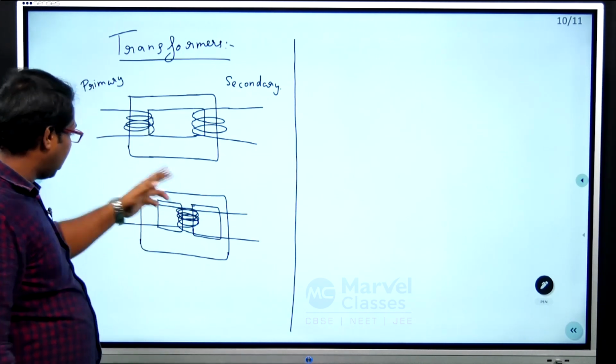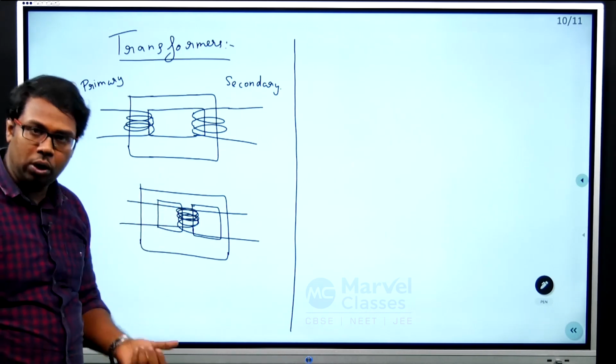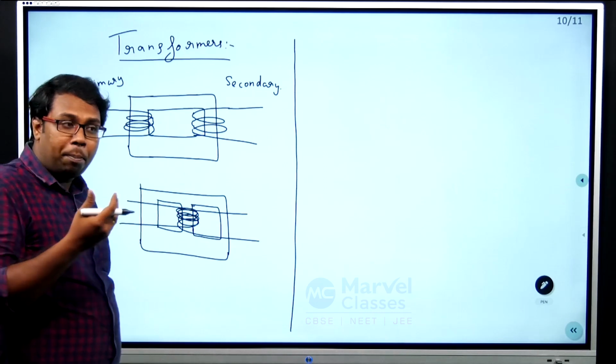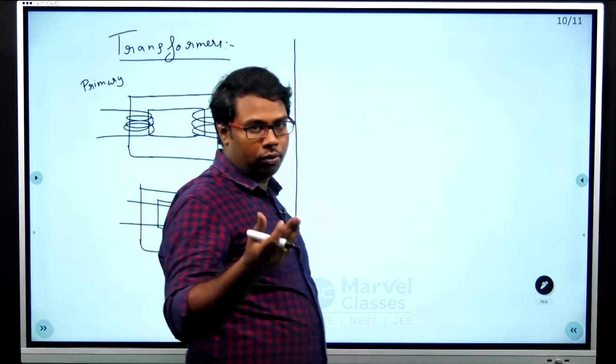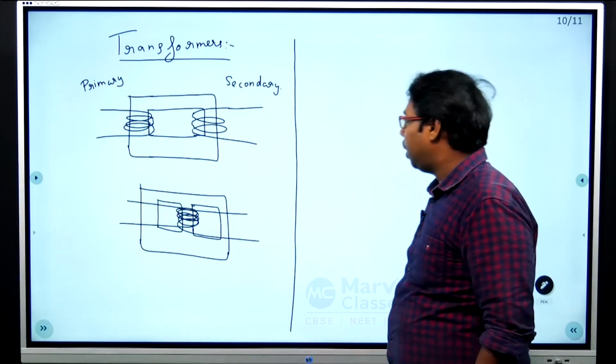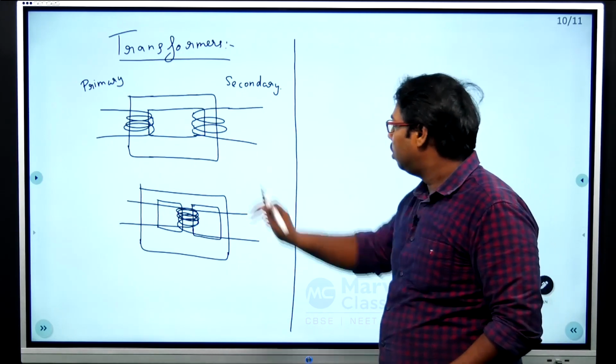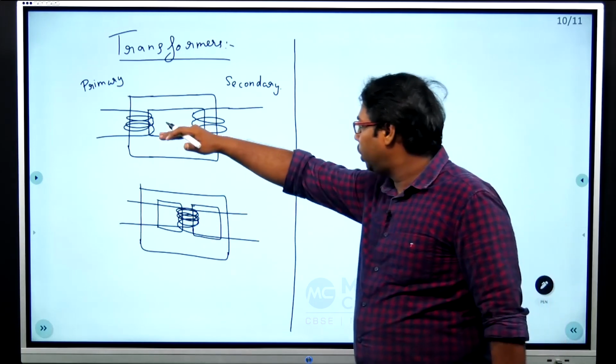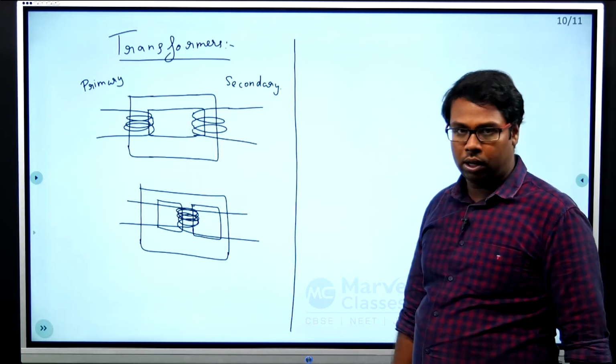In the second type, the flux loss is reduced. In the first type, there is a possibility of flux loss. Fine. As far as the exam is concerned, we will strictly stick only to the first case.